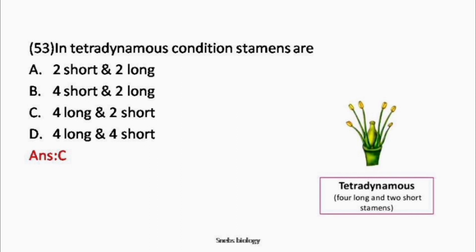Next, in tetradynamous condition, stamens are option A, 2 short and 2 long, option B, 4 short and 2 long, option C, 4 long and 2 short, and option D, 4 long and 2 short. So, tetradynamous condition means there are 6 stamens, 4 long and 2 short. The 4 long are present inner towards the gynoecium and the 2 short are present on the outer sides. So, the correct answer is option C, 4 long and 2 short.